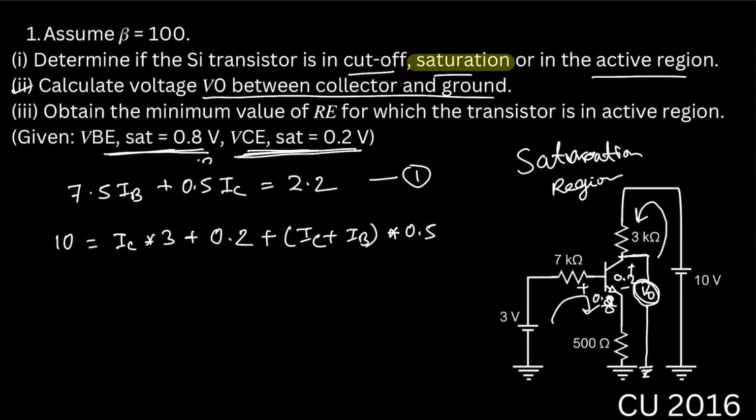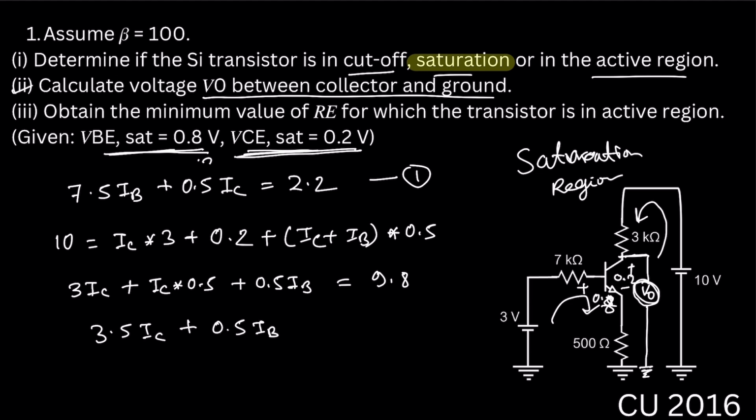So from here we can get 3 IC plus IC into 0.5 plus 0.5 into IB equal to 9.8. From here we can write down 3.5 IC plus 0.5 IB equal to 9.8.